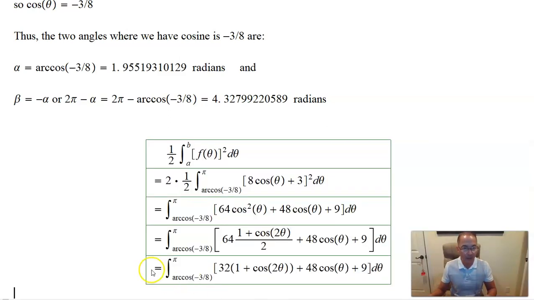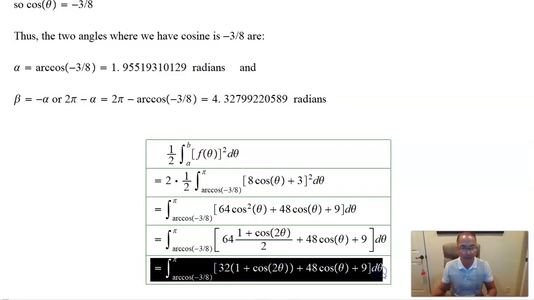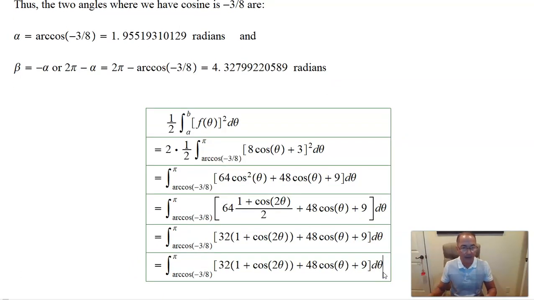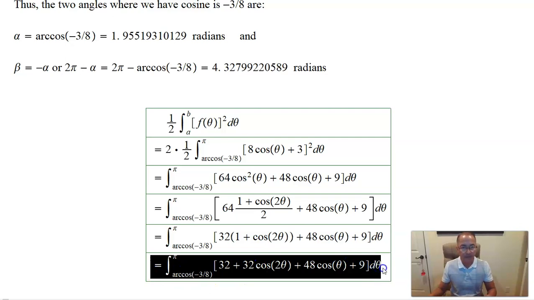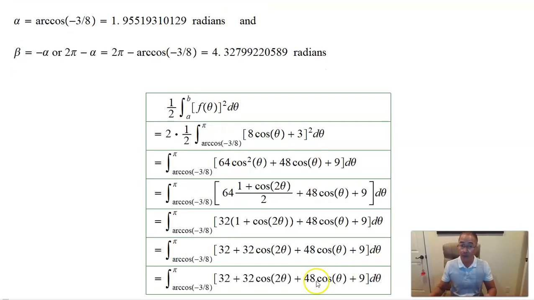Keep going. No, not all the way, just the last line. And expand, and you get 32, and 32 cosine 2 theta, 48 cosine theta plus 9. Okay, very nice. 32 plus 9 gives us 41.